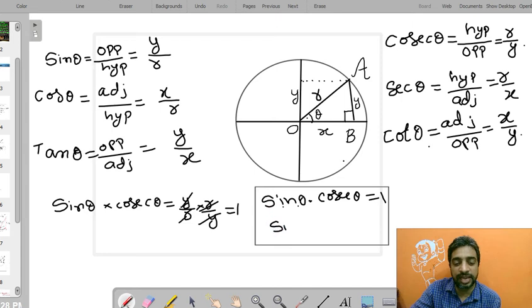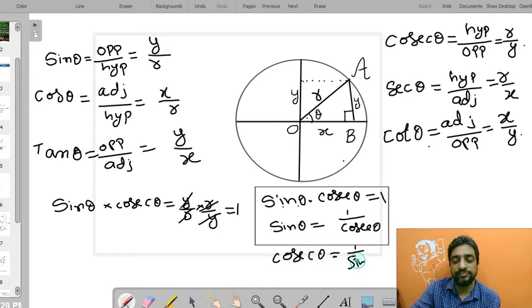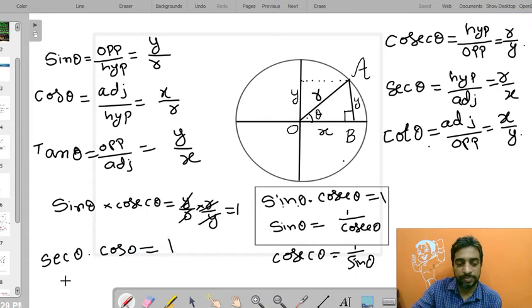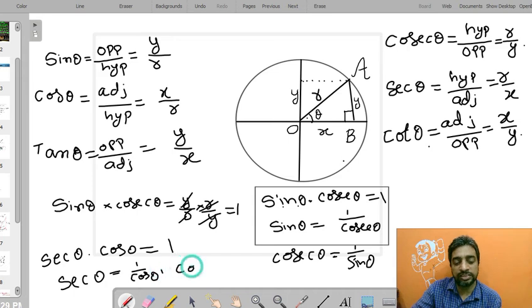Hence sine theta is equal to 1 by cosec theta, or cosec theta is equal to 1 by sine theta. In the same way, secant theta into cos theta is 1, and secant theta is equal to 1 by cos theta. Also, cos theta is equal to 1 by secant theta.